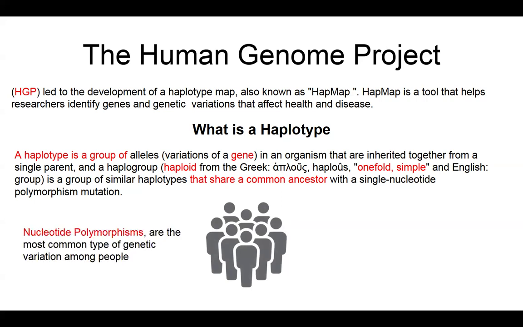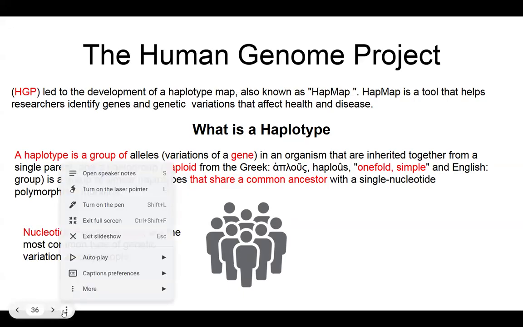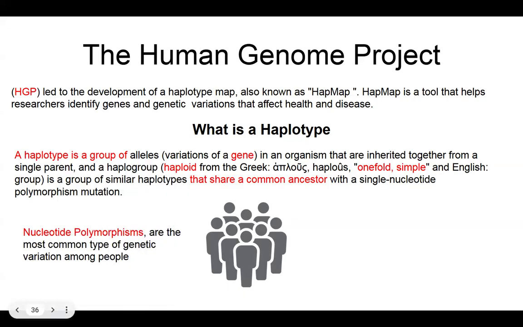Nucleotide polymorphisms are the most common types of genetic variations among people. Nucleus, you see the word nucleus in here? So it's pertaining to the genes inside the nucleus. Poly means many, morph means changes, right?